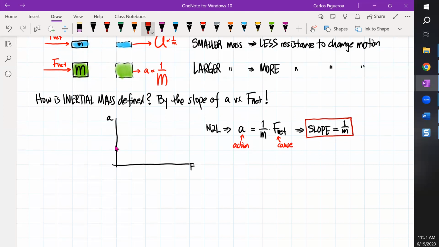Now note that there are other ways that people talk about the meaning of mass, like how much stuff is inside, but this is the definition of mass. You can see here that this is a steep slope, or I could have something that has a less steep slope.